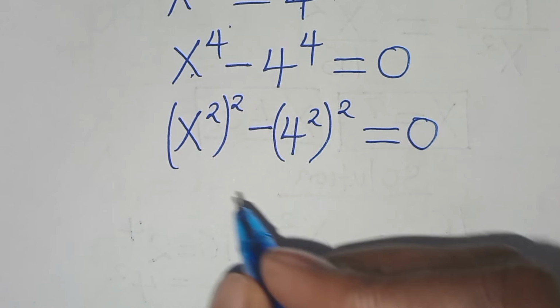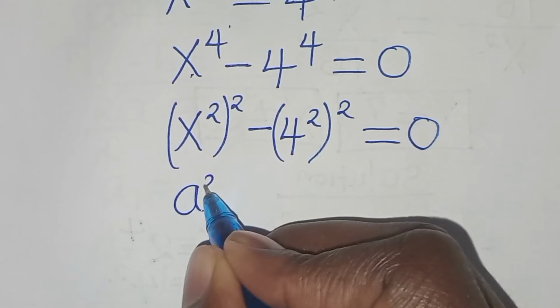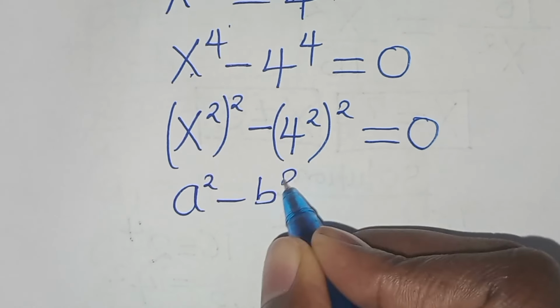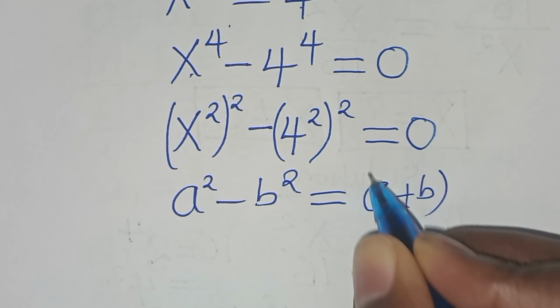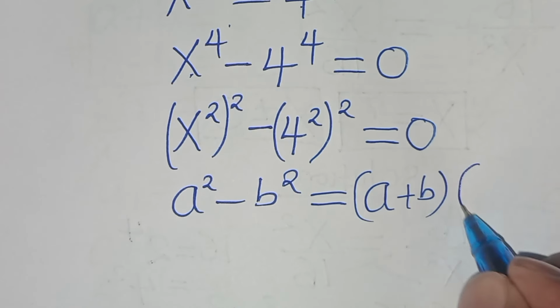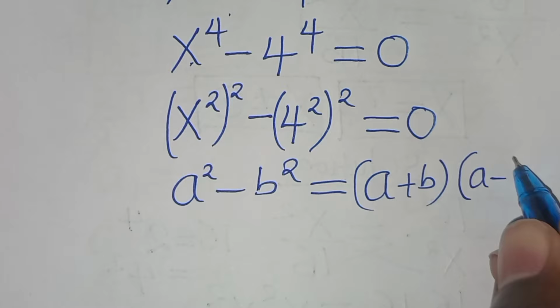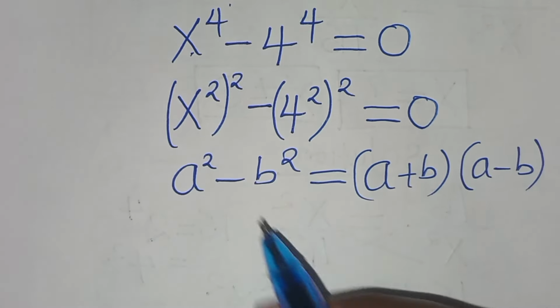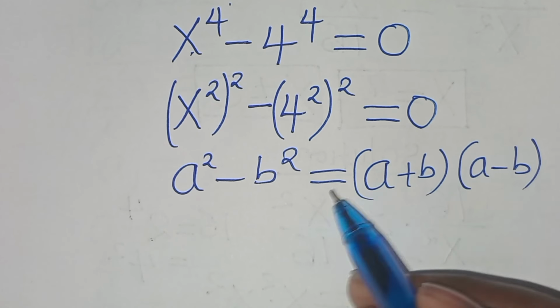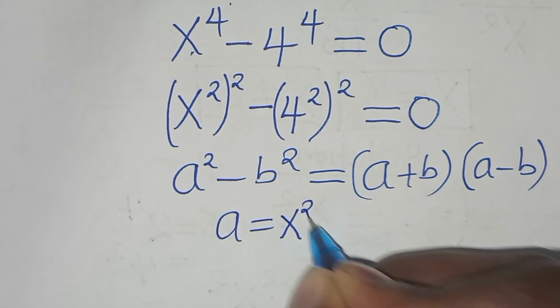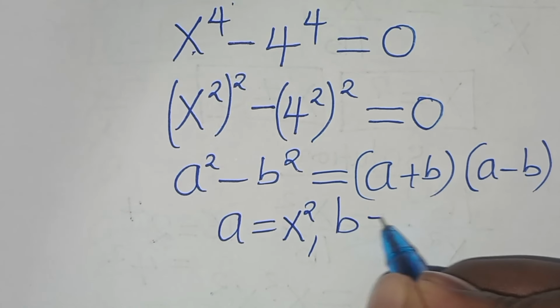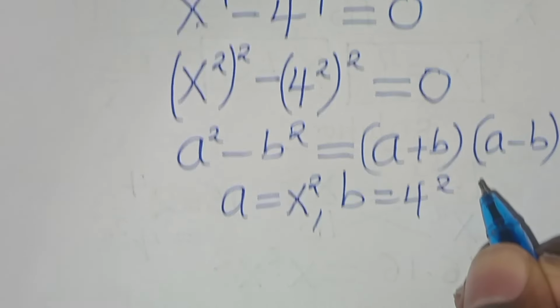This equation is in the form of a to the power of 2 minus b to the power of 2, the difference of two perfect squares, which we can express as a plus b times a minus b. Applying this identity, a is equal to x squared and b is 4 to the power of 2.